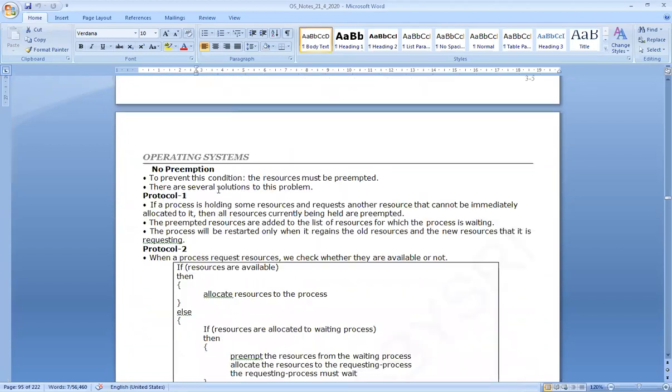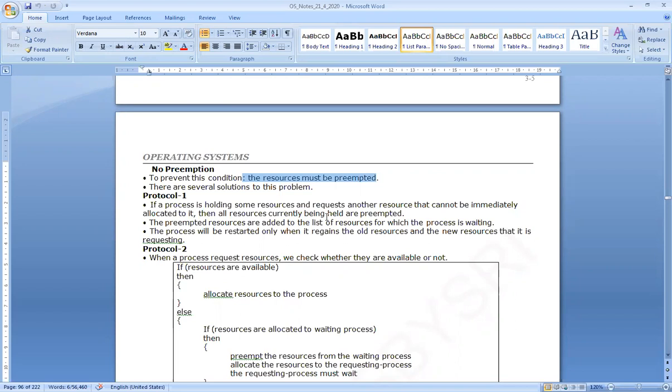Then if you go for no preemption, what does no preemption mean? The no preemption condition is that the resource must be preempted. Whenever a new process is executing inside the CPU, the executing process should be preempted.